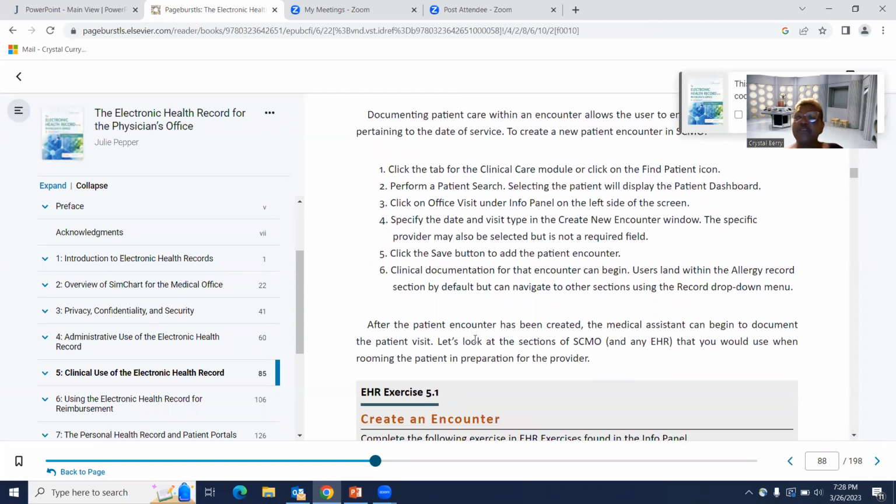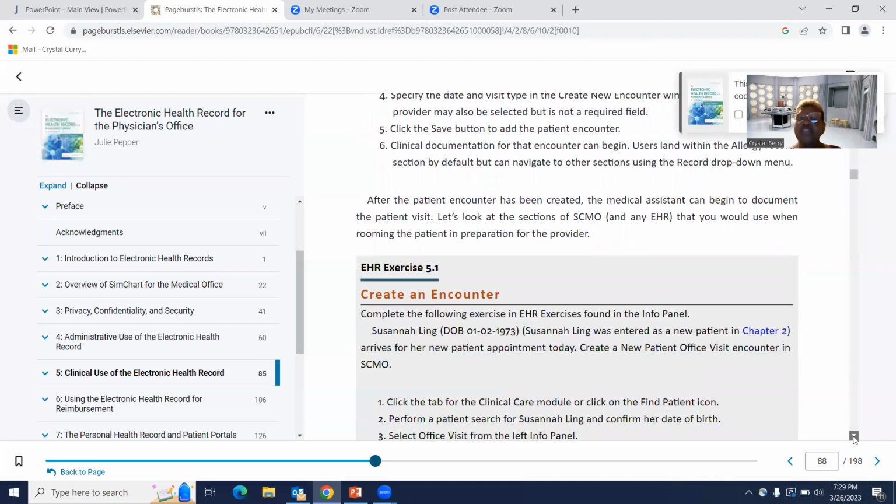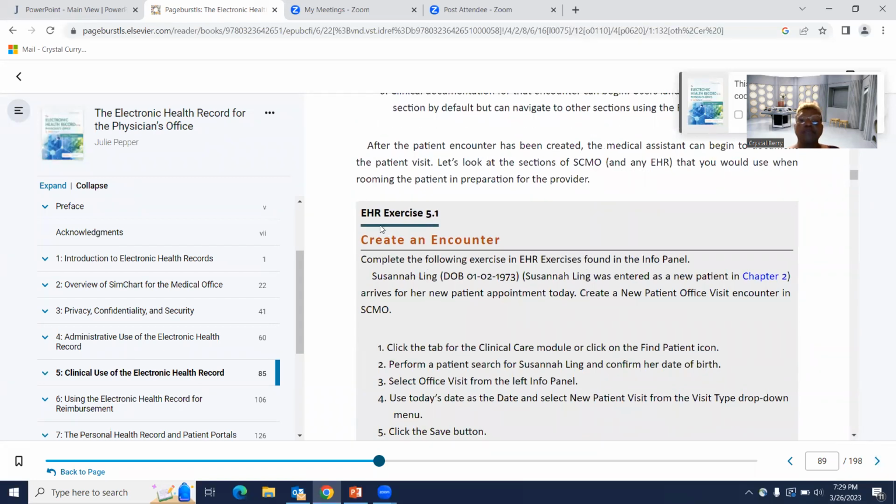After the patient encounter has been created, the medical assistant can begin to document the patient visit. Let's look at the sections of SCMO and any EHR that you would use when rooming the patient in preparation for the provider. So it's telling you what to do here.